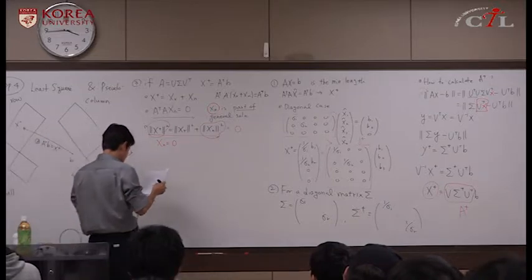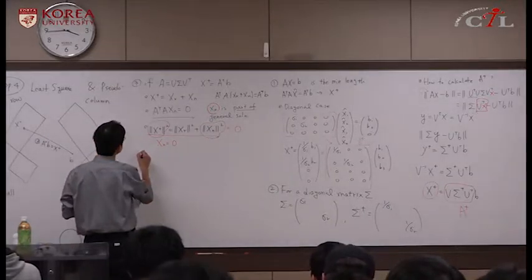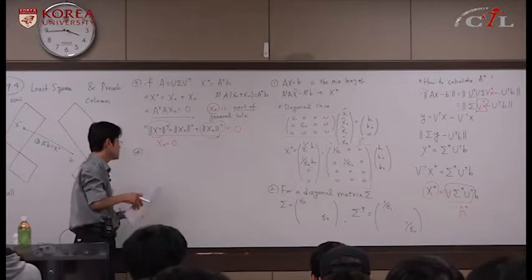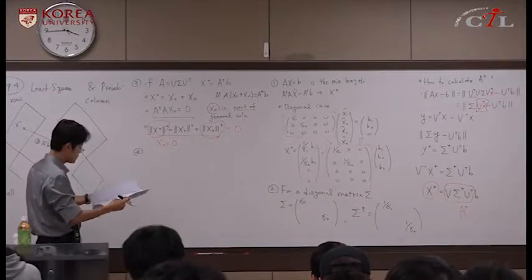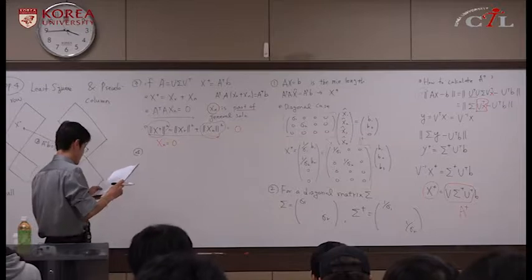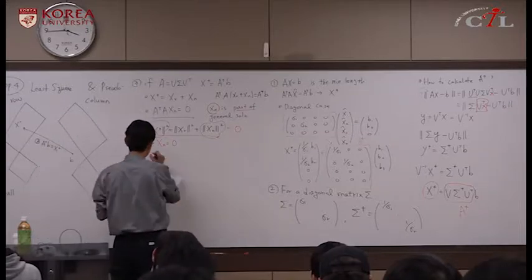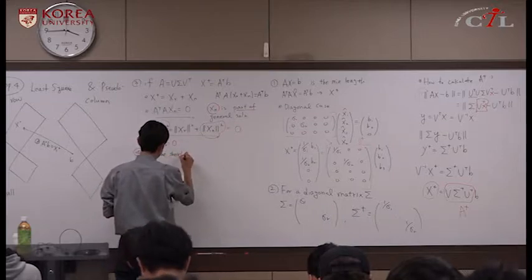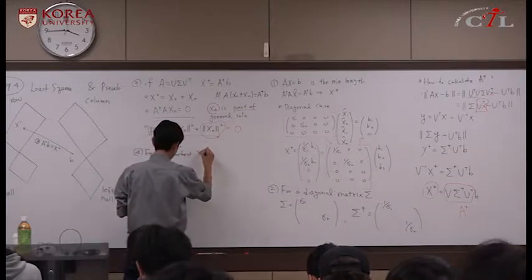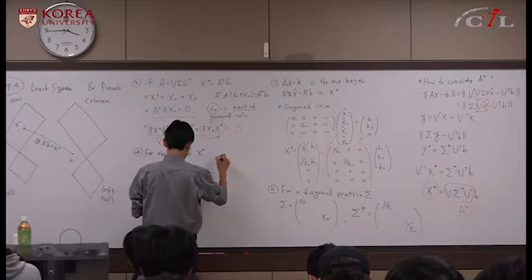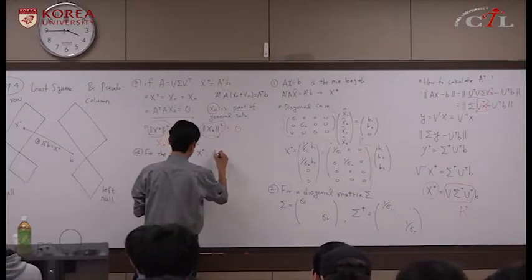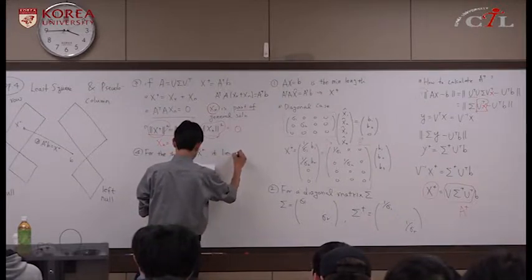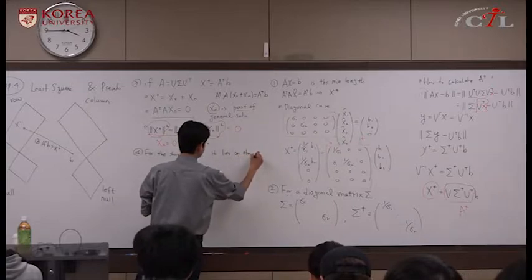Number 4 is a similar statement to number 3: the shortest X pseudo lies on the row space.